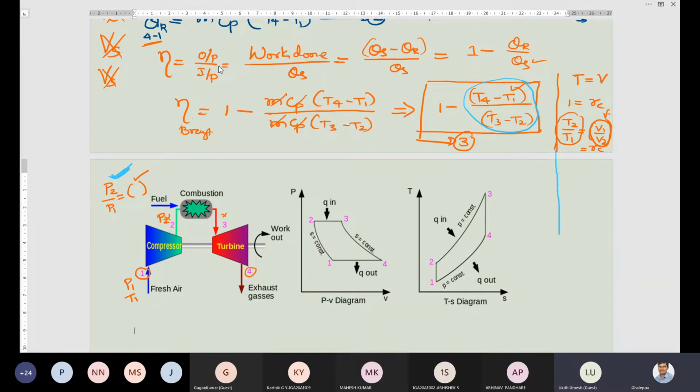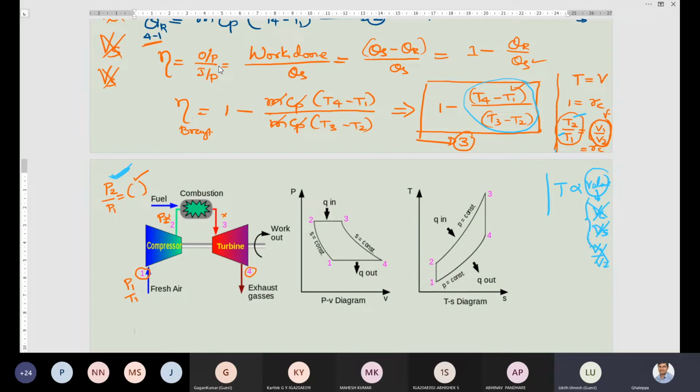In the air standard cycles, we converted the temperature ratio in terms of volume, because we know that clearance volume will be given, stroke volume will be given, or V1 by V2, total volume by clearance volume, that is compression ratio, will be given. But here we don't know the values of clearance volume, stroke volume, or compression ratio.